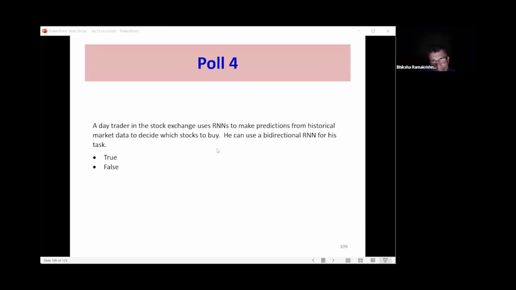Now, how would you do back propagation on this? Before that, let's do a poll. Final poll. Okay, 15 seconds, guys.